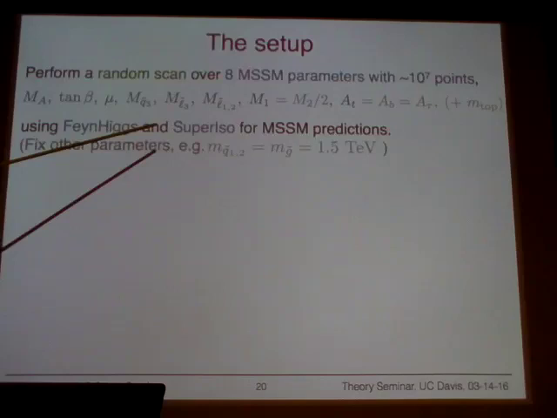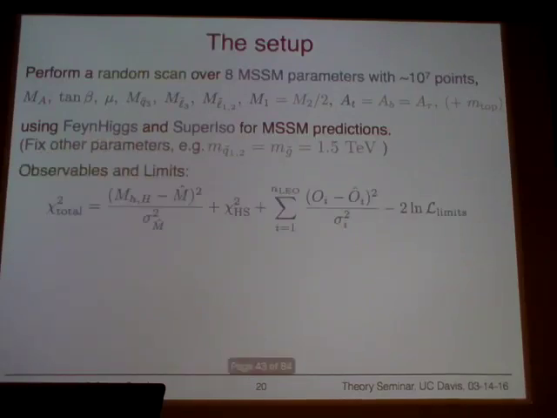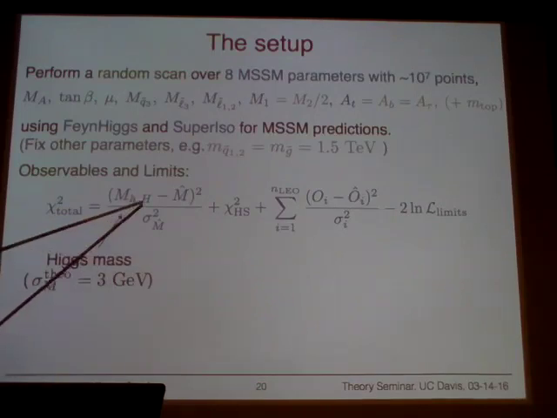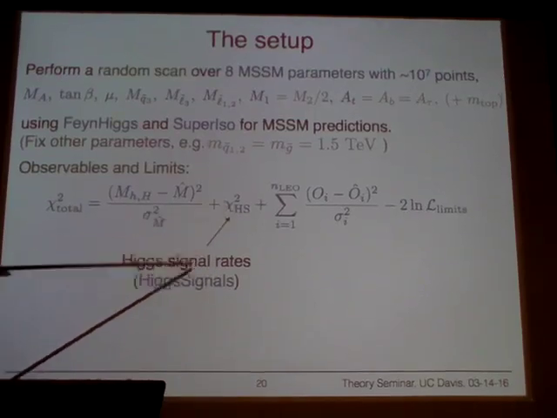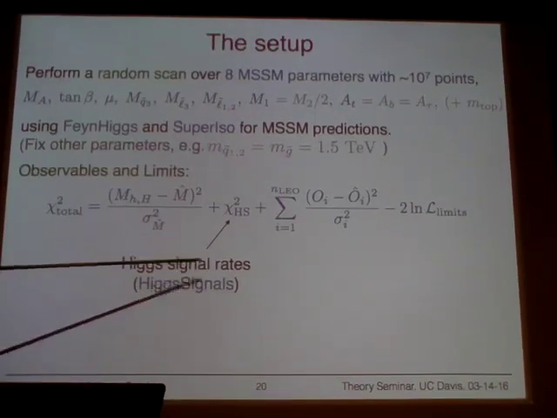And we use these tools to evaluate the MSSM predictions. Then we evaluate for each of these points the total chi-square by using the Higgs mass with a theoretical uncertainty of 3 GeV, and the chi-square from the signal rates, which is provided by HiggsSignals.